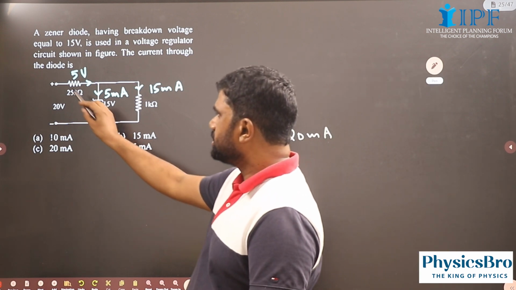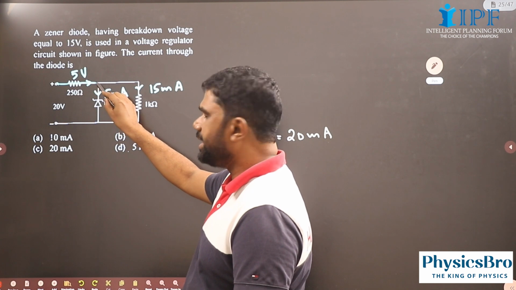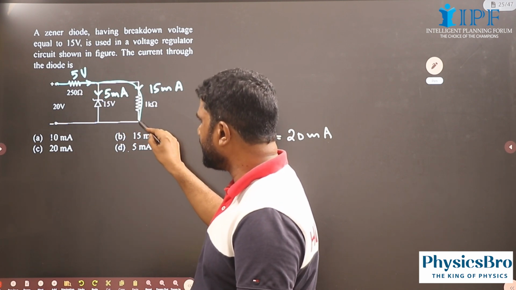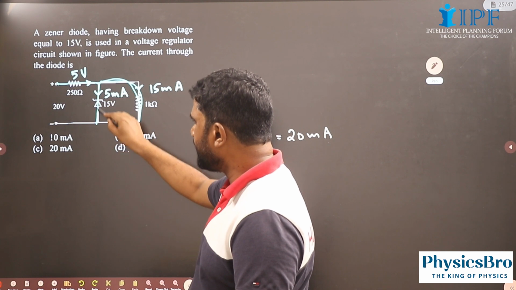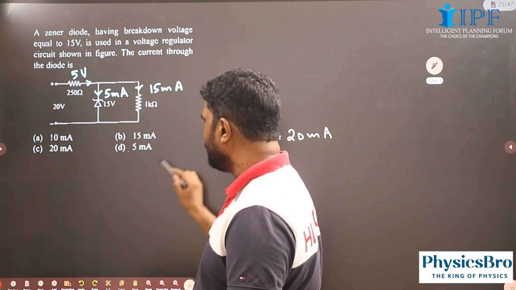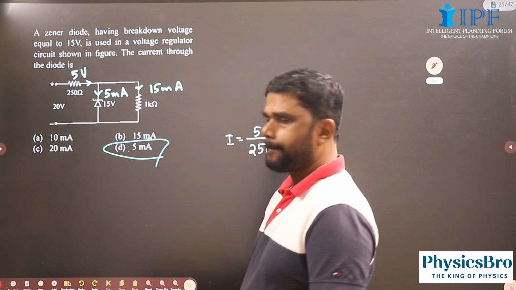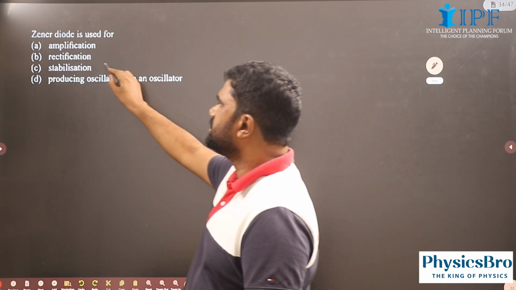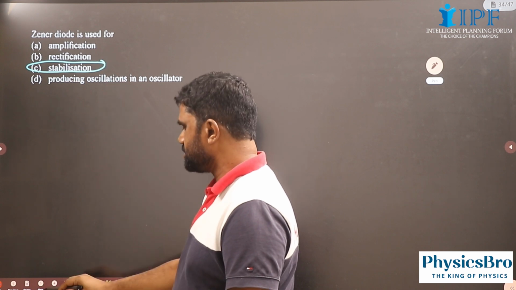So children, the current through this is 20 milliampere. Of that 20 milliampere, 15 milliampere will go through the resistor, and the remaining 5 milliampere will be through the Zener diode. Zener diode is used for voltage stabilization.